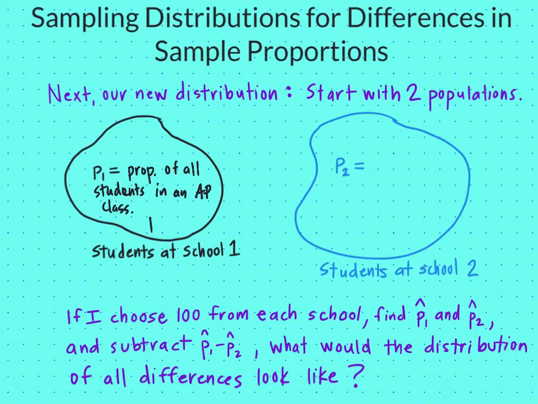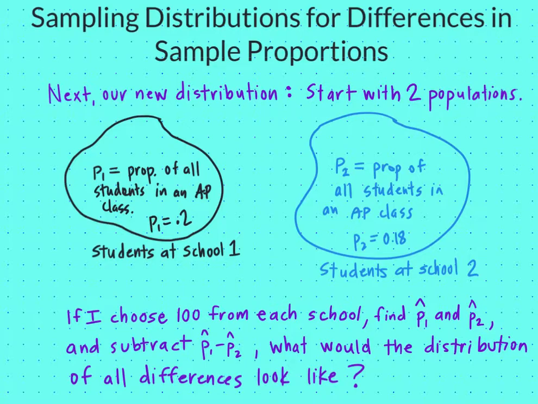And let's just say we're assuming we know that at this point. Let's say that, I don't know, 0.2, there's 20% of students in this school in at least one AP class. And this would be the proportion of students at school 2 in an AP class. And let's say that that's 18%.